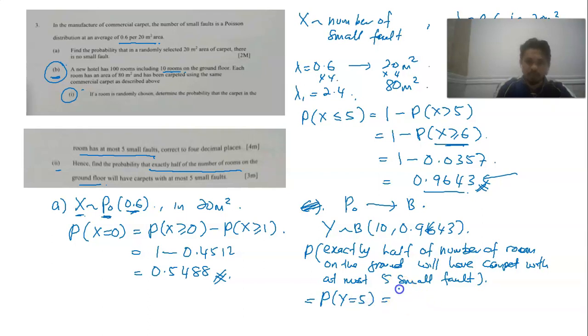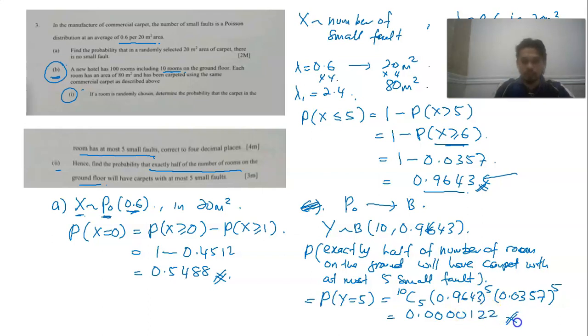So from 10 choose 5, and then 0.9643 to the power of 5, and then 0.0357 to the power of 5. Okay, so you may use a calculator and find the answer. This gives you 0.0000. How many zeros do you have? 1, 2, 3, 4.